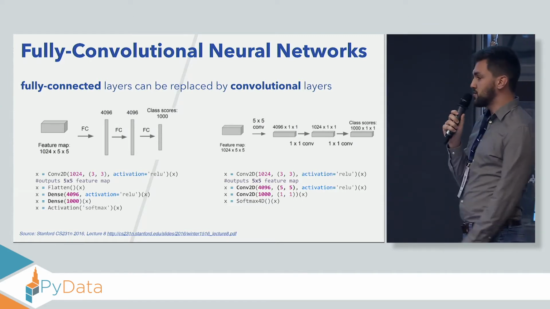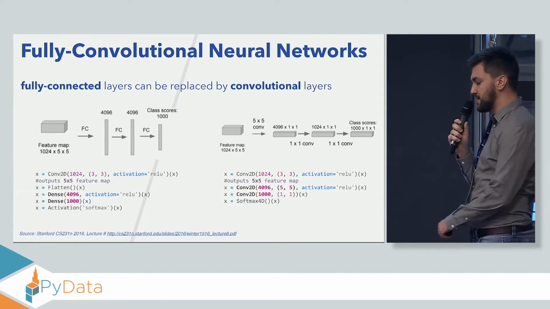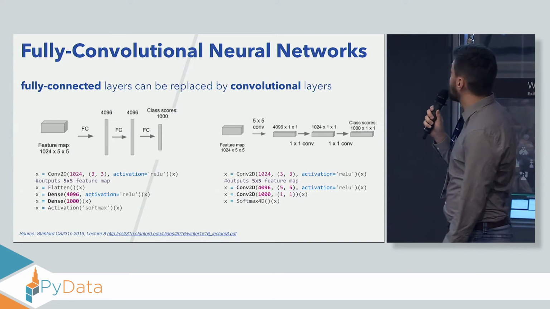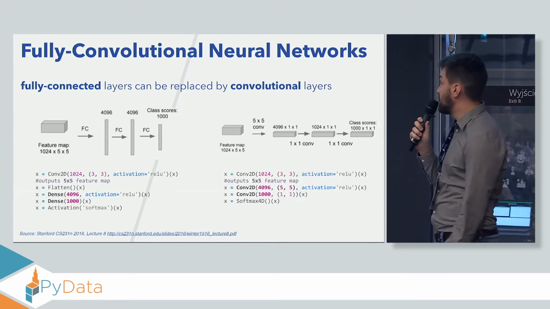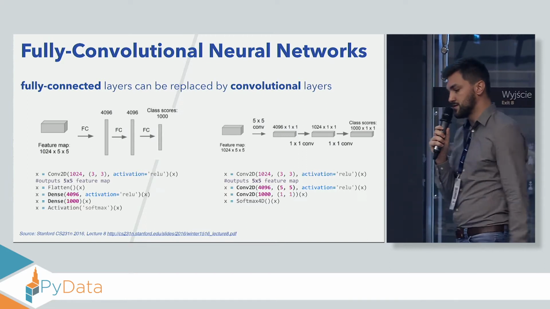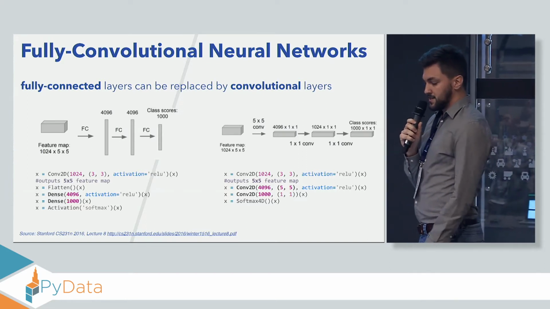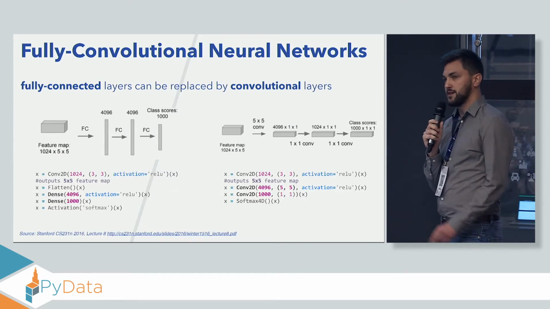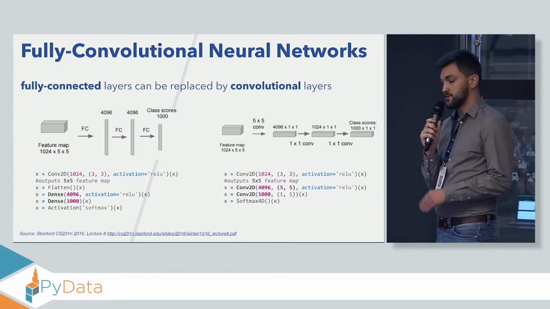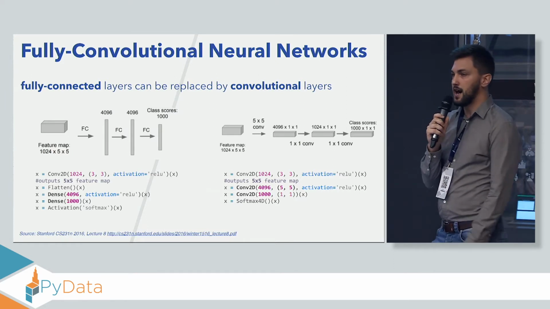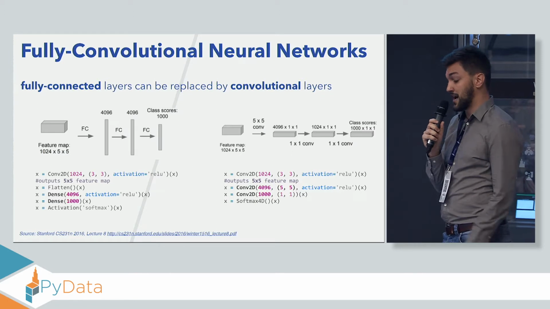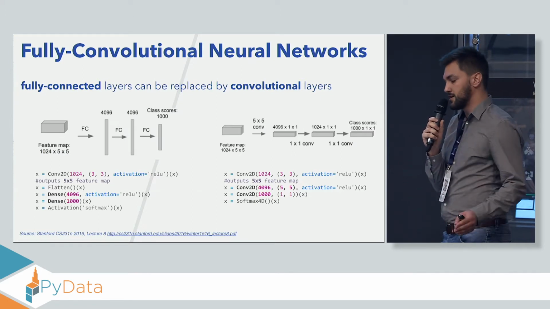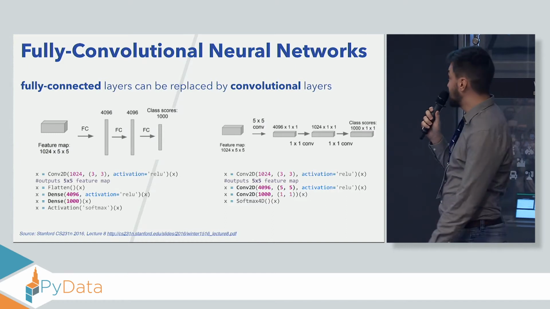But actually, we can replace these fully connected layers with convolutional layers that will do exactly the same thing, applied to the feature map of the size that was produced. And this way, we can run these convolutional operations on images of different sizes and produce a feature output map with scores for different logos that we want to detect.